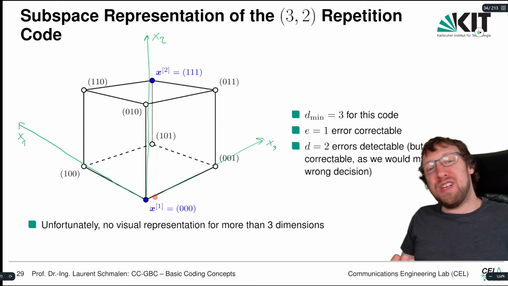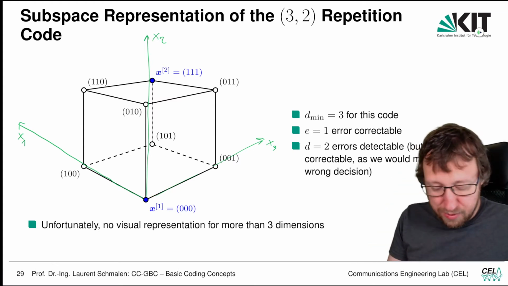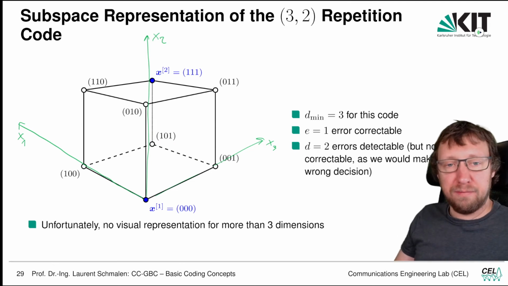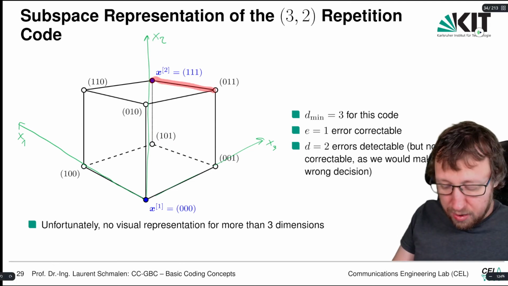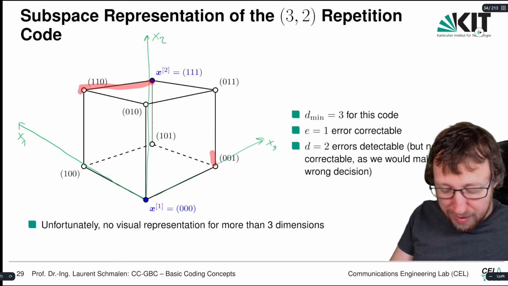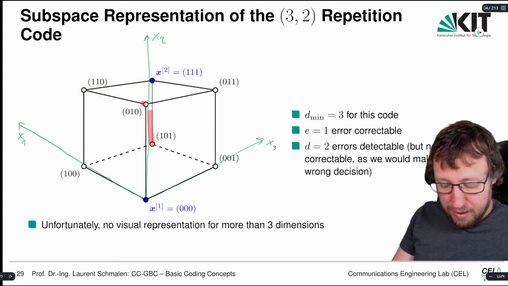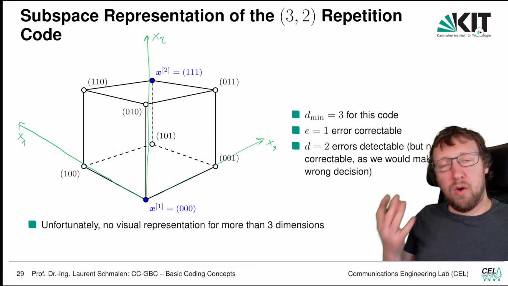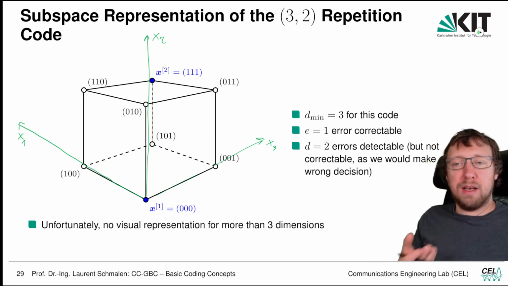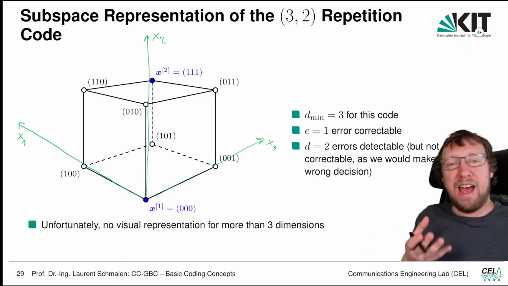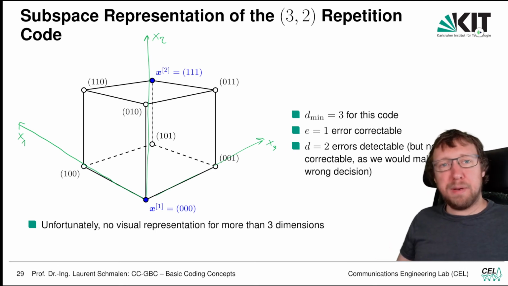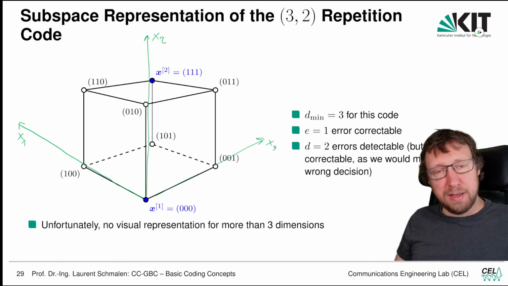So we just need to go back to the vertex we came from, and we have detected the error. And if we make 2 errors, we will always end up in a vertex that is not a code word. So 2 errors will also always be detected, because we will never end up in a code word. That's the subspace representation of the repetition code.